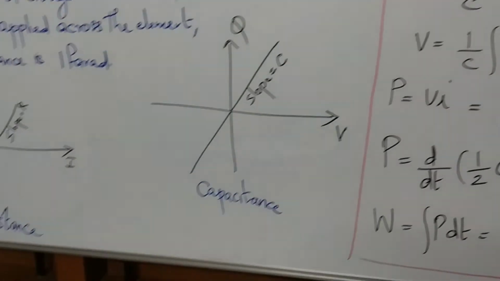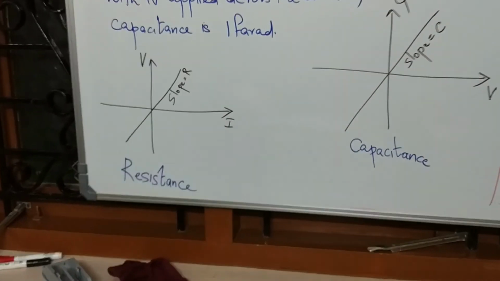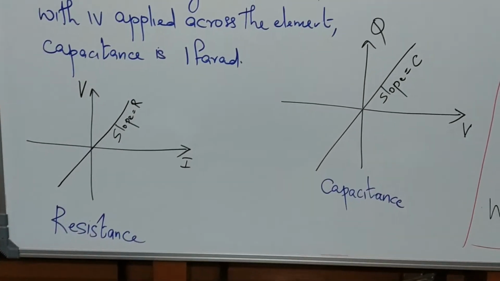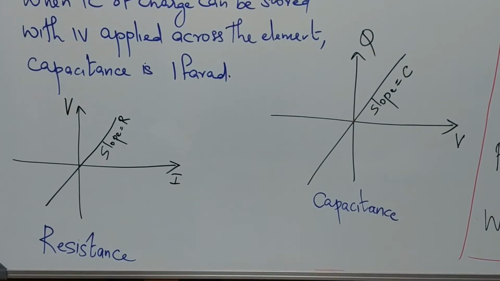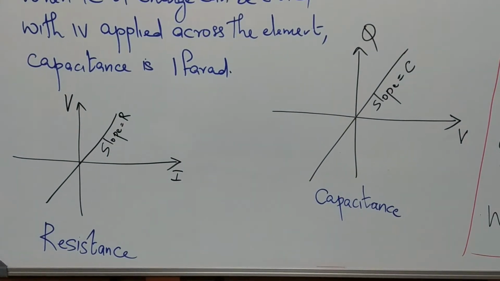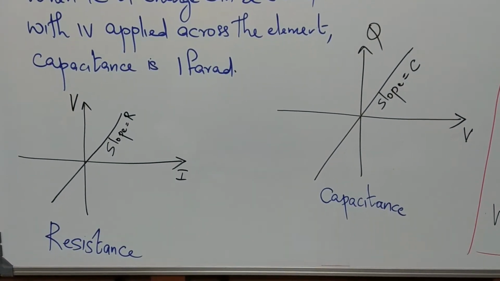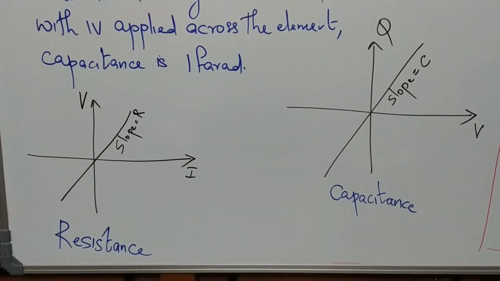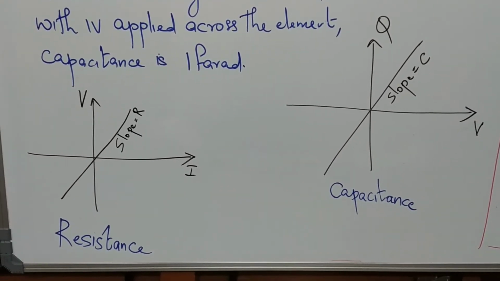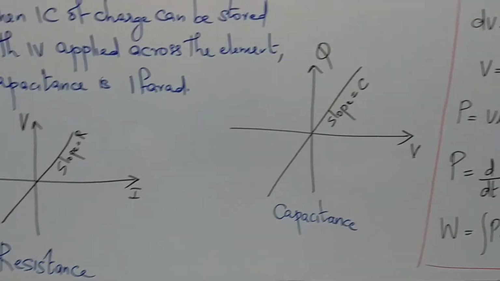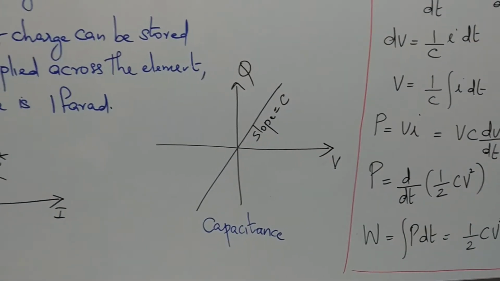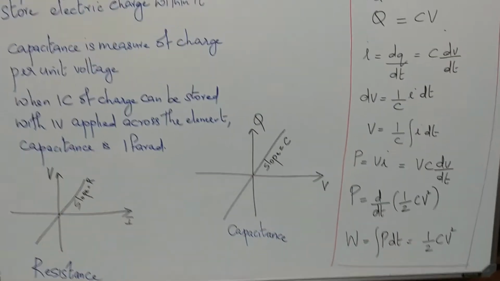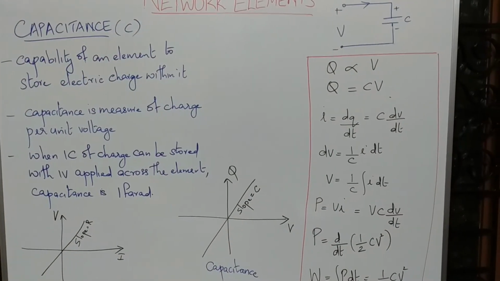Now I forgot to mention this graph with respect to resistance. Now if I plot voltage versus current, again here also you will see that the slope is linear. I will get a linear graph with slope equal to R, or R equal to V by I, and here C equal to Q by V. So this is all about capacitance.